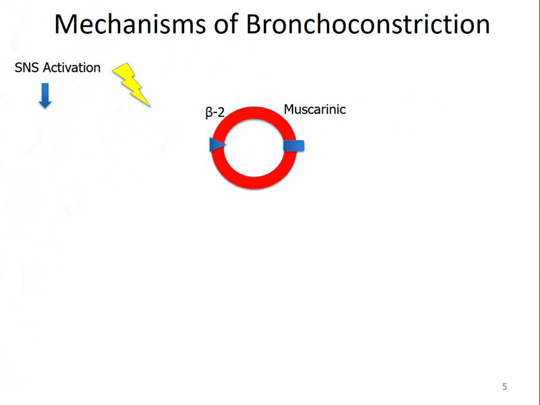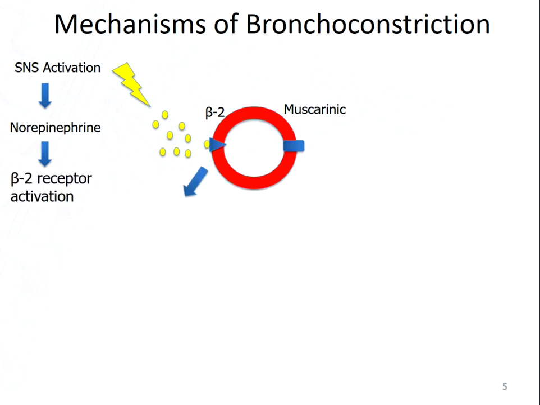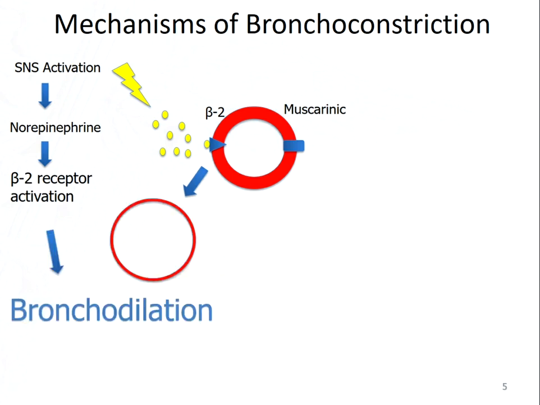One mechanism is activation of the sympathetic nervous system. That leads to the release of norepinephrine. Norepinephrine binds to beta-2 receptors on the airways and activates those receptors, and that leads to bronchodilation. So in the center of the screen, we have our schematic of our normal airway, and then we have the activation of the sympathetic nervous system, release of norepinephrine, and bronchodilation.